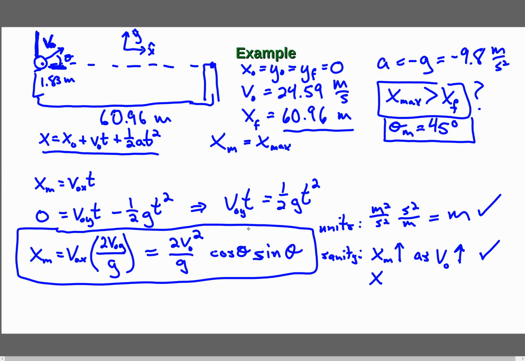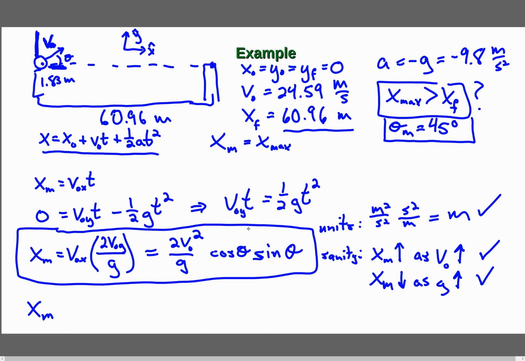Okay? xm goes down as g goes up. Okay? So that tells us if the acceleration due to gravity were stronger, he wouldn't be able to throw it as far. And that makes sense because we'd have a bigger acceleration in the downward direction and it would pull the ball back to the ground faster, right? At each moment in time, it would give it a bigger increase in velocity. And in the end, what would happen is we wouldn't fly for as long, so it wouldn't go as far. So that makes sense too.